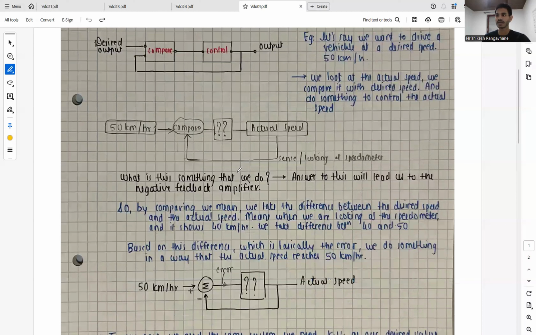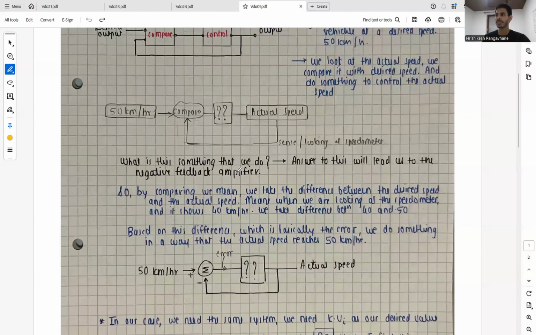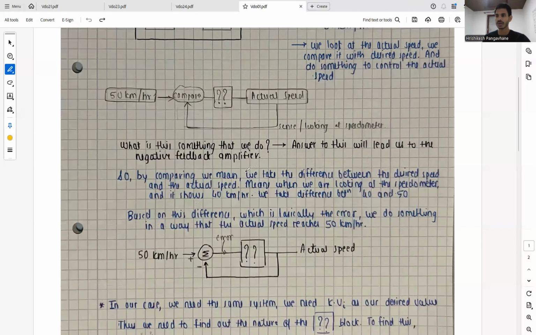By comparing, we mean that we take the difference between the desired speed and the actual speed. When we are looking at the speedometer, let's say it shows 40 kilometers per hour. So we take the difference between 40 and 50, which is 10 kilometers per hour. And based on this difference, which is basically the error, we do something in a way that the actual speed reaches 50 kilometers per hour.